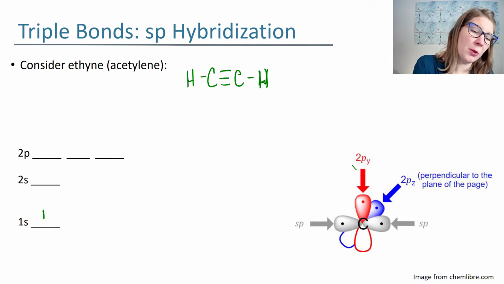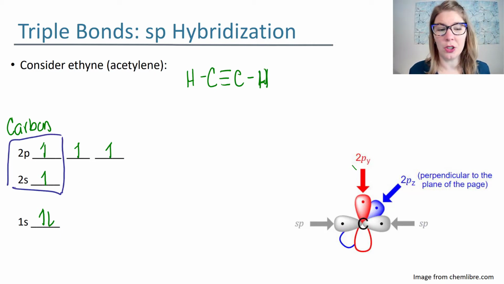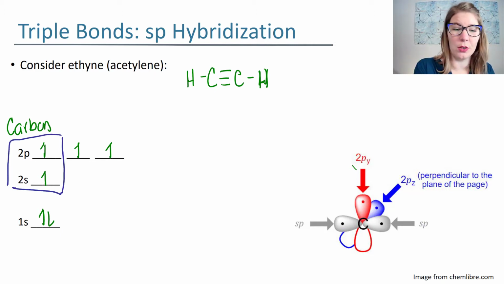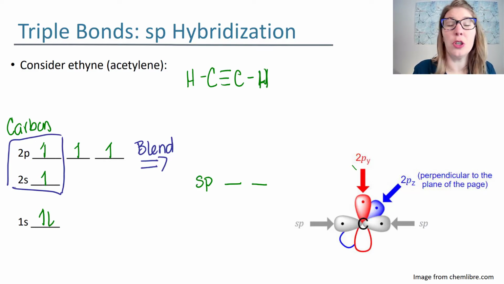If we go back to our excited electron configuration for carbon, what we will do is we'll take the 2s and one of the 2p's, and we'll blend those. When we blend, we end up with an sp hybrid orbital, and we have two of them.